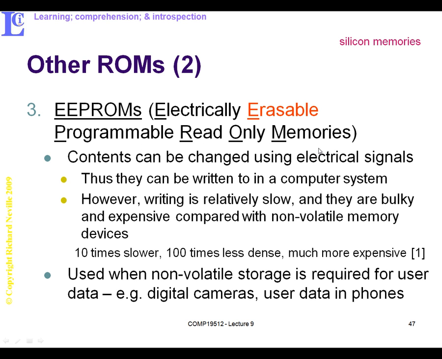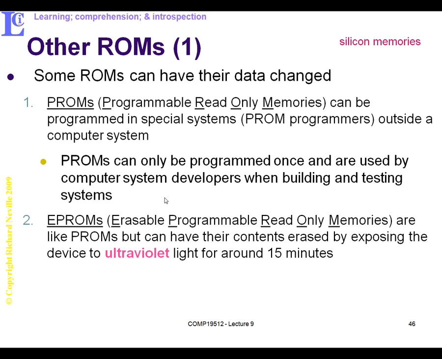So EEPROMs, which are electrically erasable programmable read-only memories, are different to the UV erasable. These can be erased by a particular voltage line, an extra pin on these devices. They're a bit more expensive than the UV type, which we've just talked about, which are EPROMs.